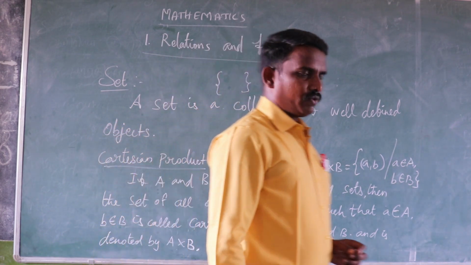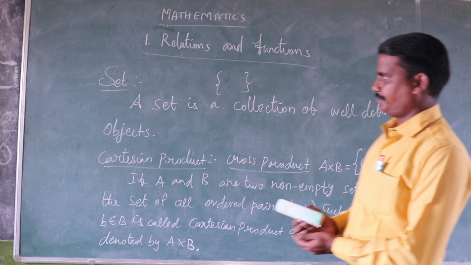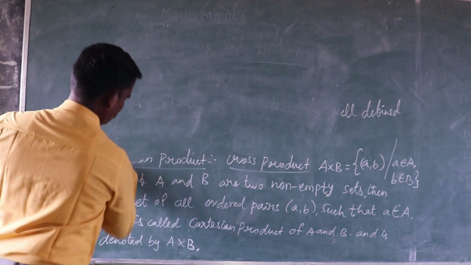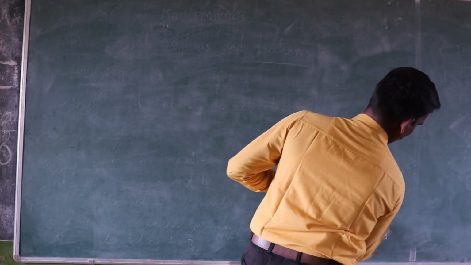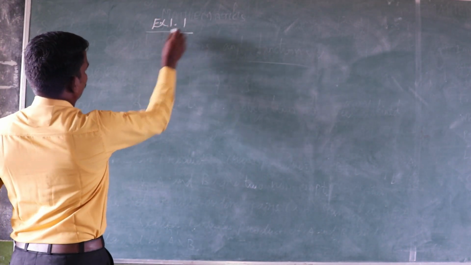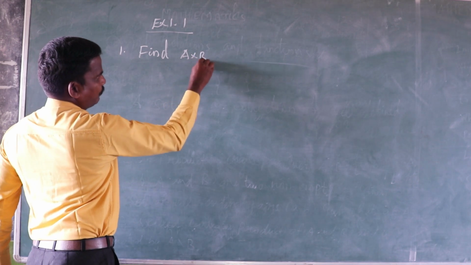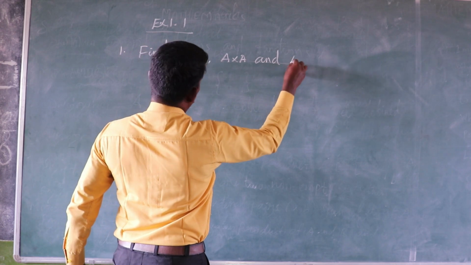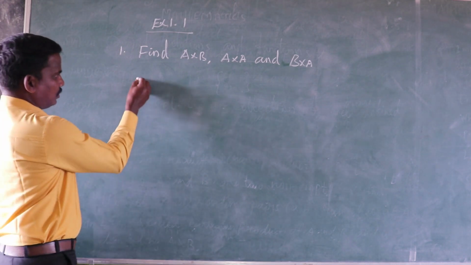Now we are going to the first exercise, exercise 1.1, for the first sum. Exercise 1.1, question number 1: find A cross B, A cross A and B cross A. So what is the first question?